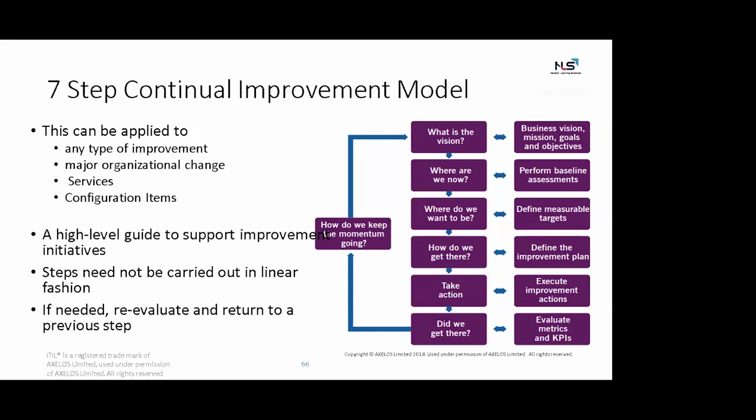Okay, good. So this is the diagram where we have a few questions. What is the vision? Where are we now? Where do we want to be? How do we get there? Take action. Did we get there? And the continual cycle is, how do we keep the momentum up?